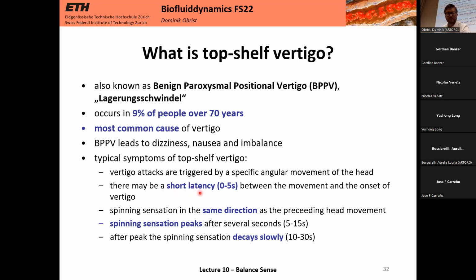There's mostly a short latency of a few seconds after the triggering maneuver. And then the actual vertigo is in the same direction as the preceding head movement. There's typically a peak after 5 to 15 seconds, and then it slowly wears off. It lasts maybe up to 30 seconds, maybe some even more.